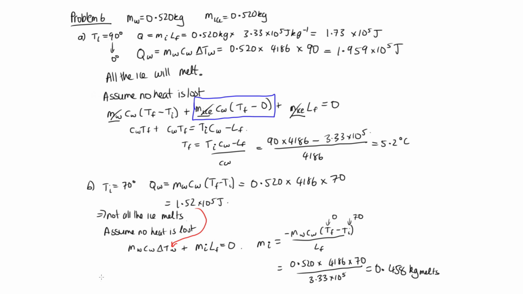It asks us for the ice remaining, so the ice remaining is equal to 520 grams minus 458 grams, which is equal to 62 grams.